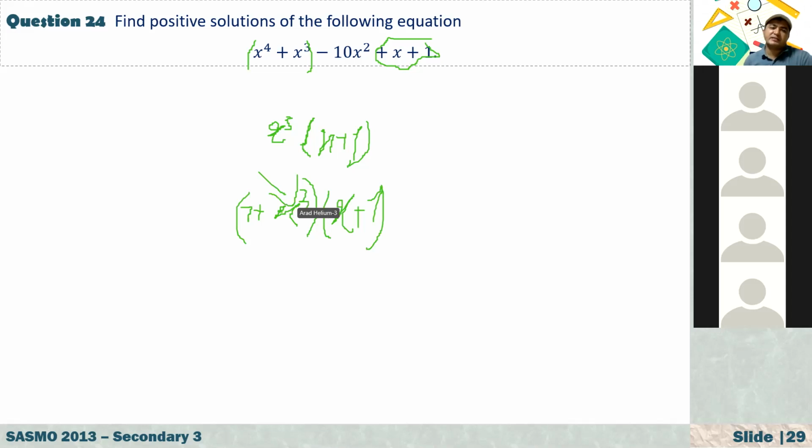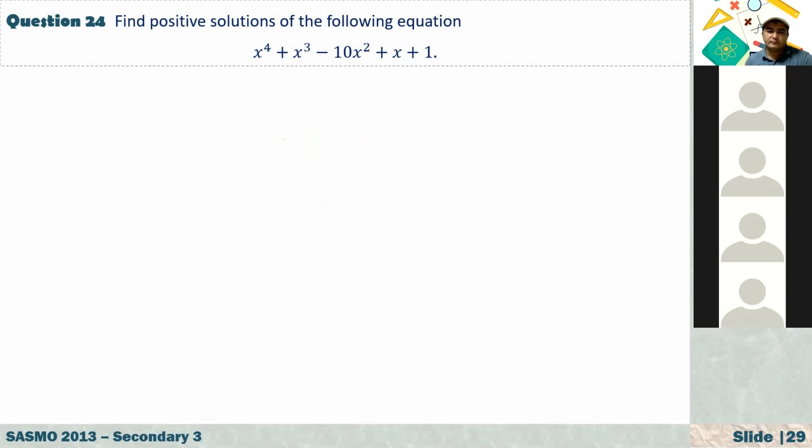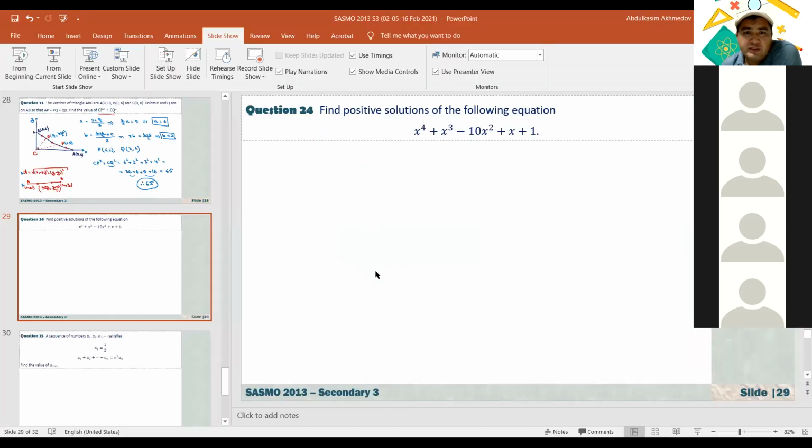How about this minus 10x squared? Wait, it says the equation, what is missing here? 0, right? Yes. Wait, something is wrong here. It's not an equation, actually. 2013 S3 question 24, just give me a minute.